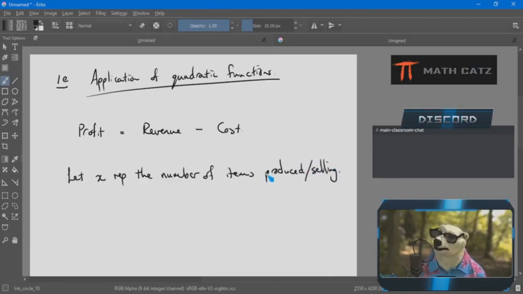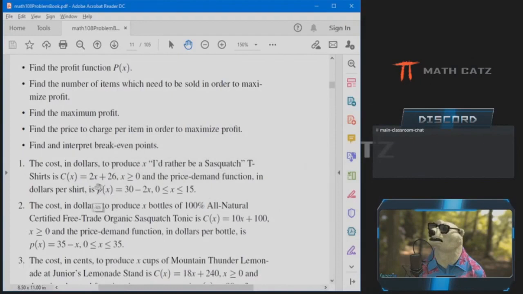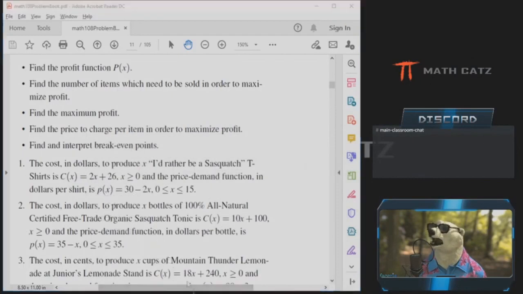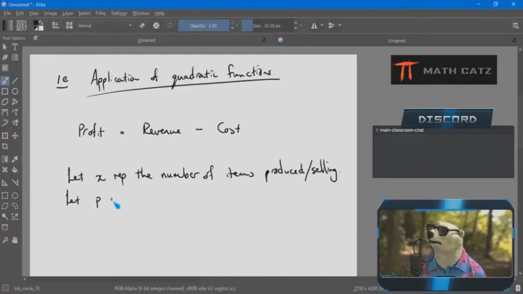When I'm writing and when it shows on the screen, it is not quite the same right now, which is very strange. Then I also have the price, right? Now they've defined some things for me here. I'll just define the price, which is actually a function of how many I produce, but P is going to represent the price per item.